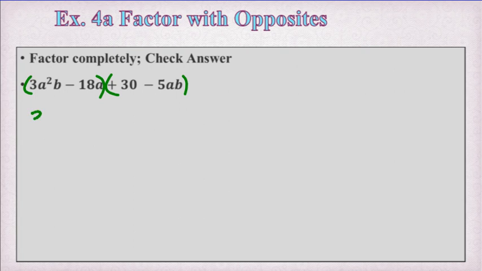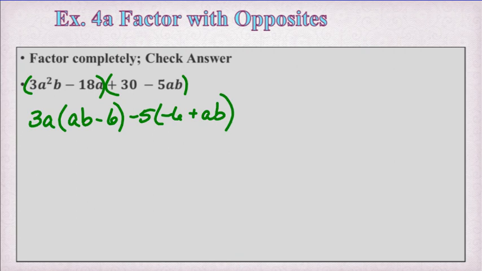First one, I can take out a 3a. That leaves me with ab minus 6. On this side, I want to make sure I get a positive AB, and right now I have negative 5AB. So I'm going to take out a negative 5, and that's going to leave me with a negative 6 plus AB.